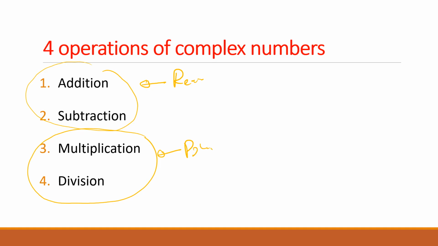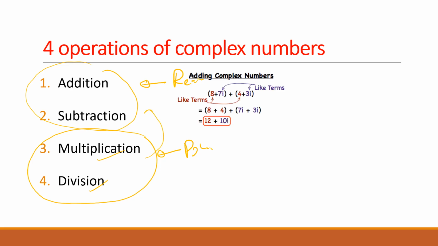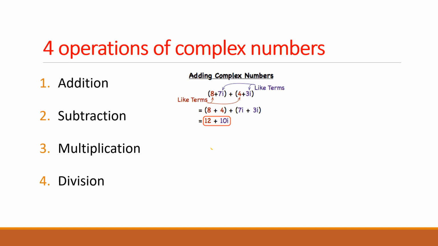So whenever we have it in the rectangular form, we can convert it to the polar form to do the multiplication and division, and whenever we have it in the polar form to add and subtract, we can convert it to the rectangular form. I hope you remember what you have done in your maths for adding complex numbers.